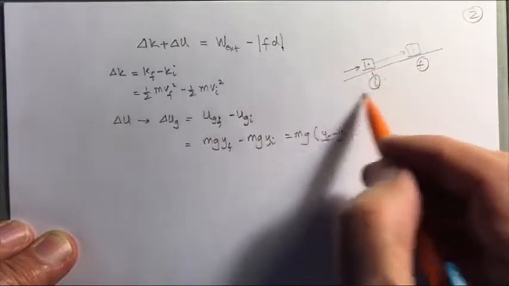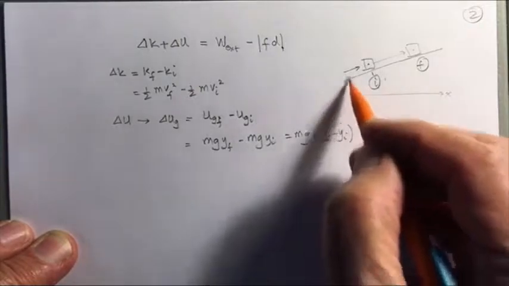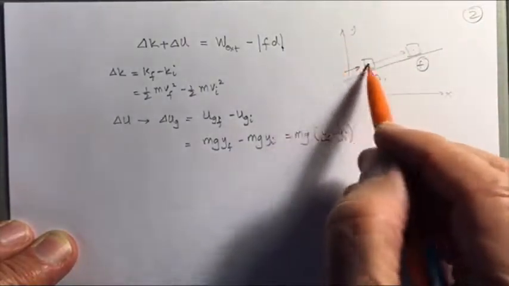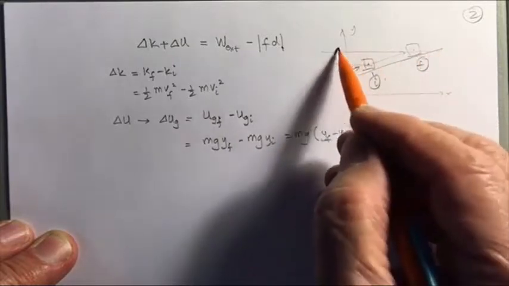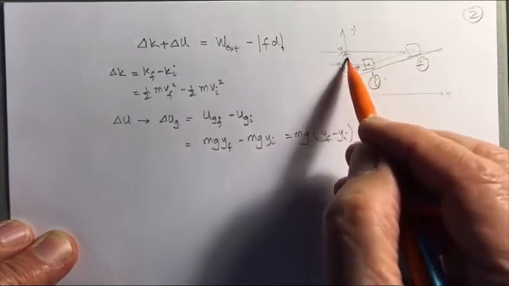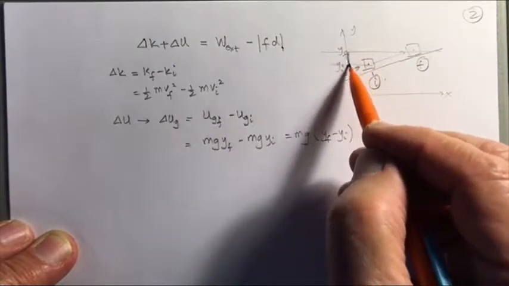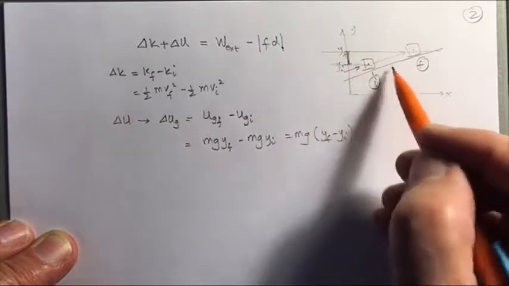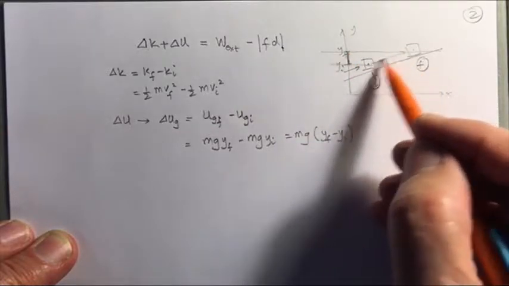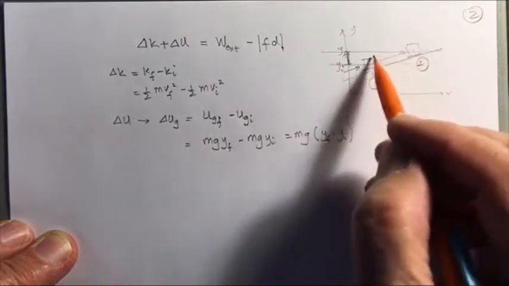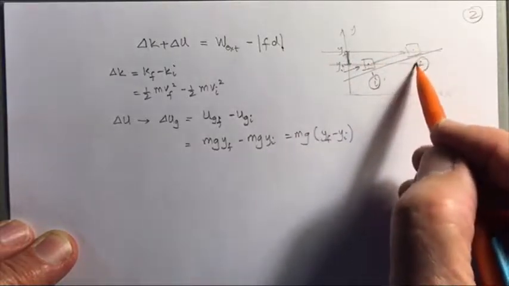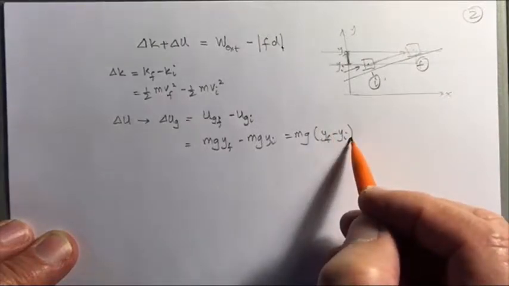So in this case, if this is our x-axis and this is our y-axis, this would be the Y initial and this would be Y final. So Y final minus Y initial would be this height, not this length, but the vertical change in the height. It goes from here to here. That will be Y final minus Y initial.